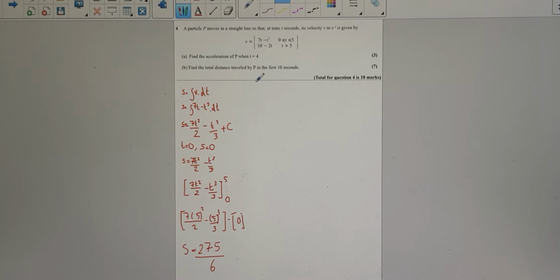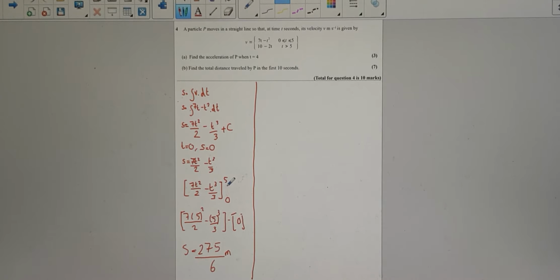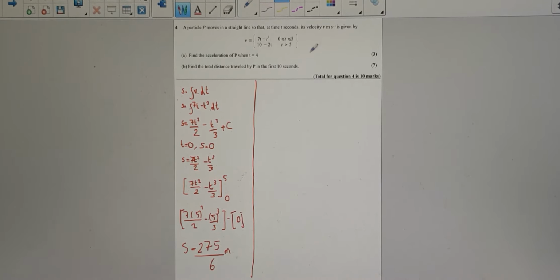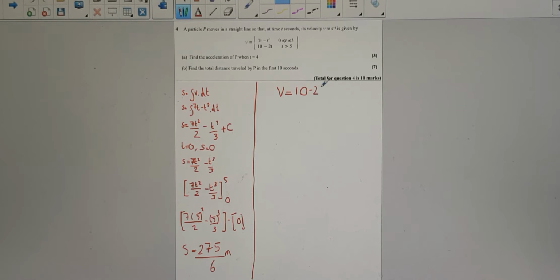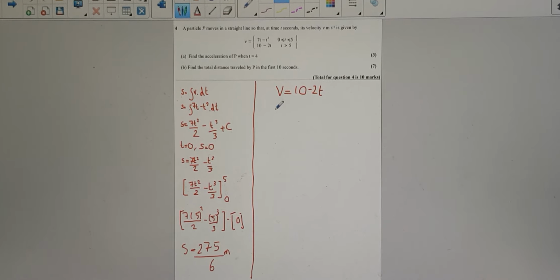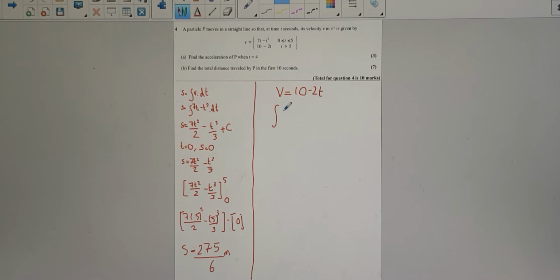Okay. Now the second part is a little bit more confusing. I've now looked at it between the times of 0 and 5. Now I'm going to look at it between the times of 5 and 10. For anything where t is greater than 5, I need to use this one. So for this one, v equals 10 minus 2t. If I integrate that expression, it's going to give me an expression for the displacement between those times.